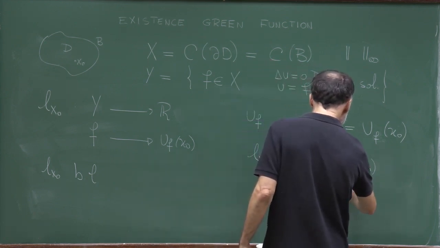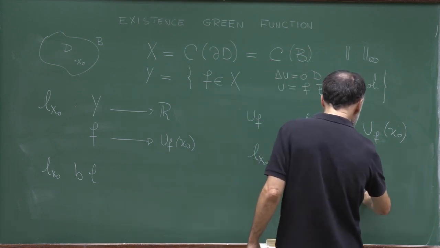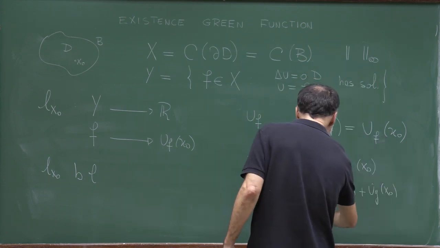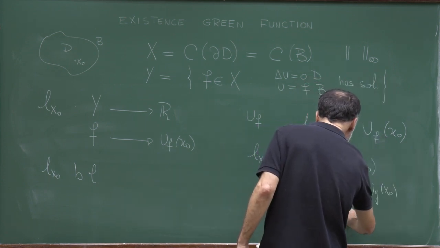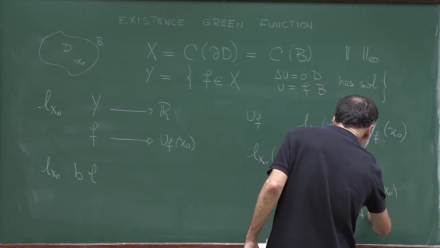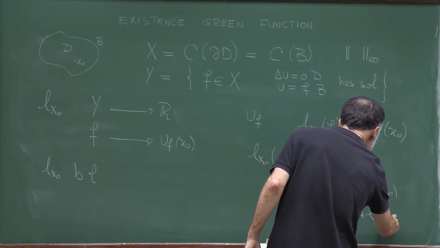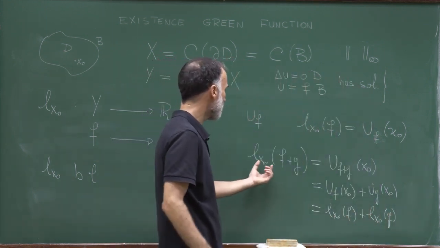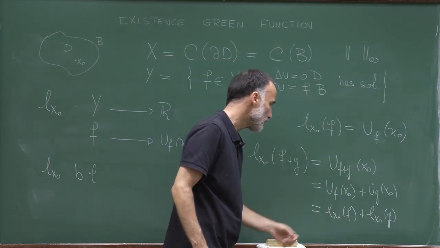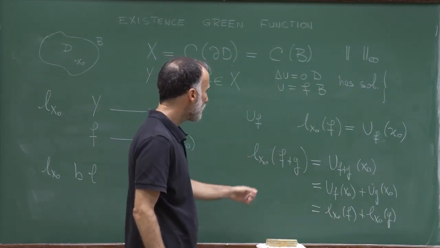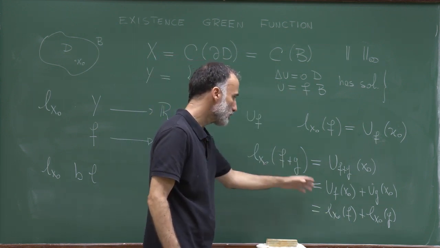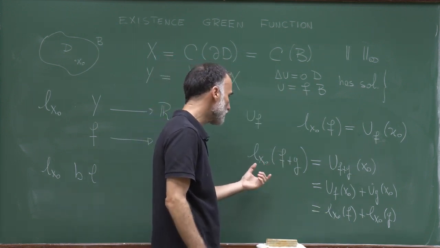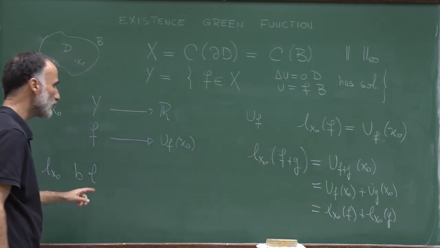So this is u_f at x0 plus u_g at x0, and this is exactly L_{x0} at f plus L_{x0} at g. So indeed, L_{x0} applied to the sum is equal to the sum of the L_{x0}. And if you multiply a function by a scalar, the same computation will show you that L_{x0} is linear.